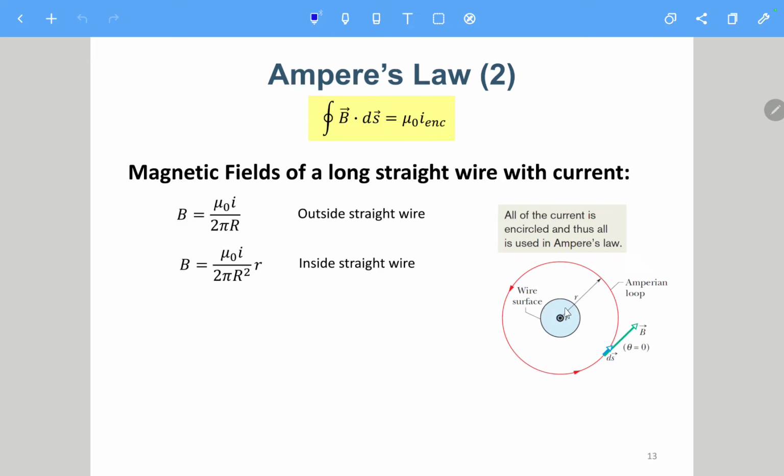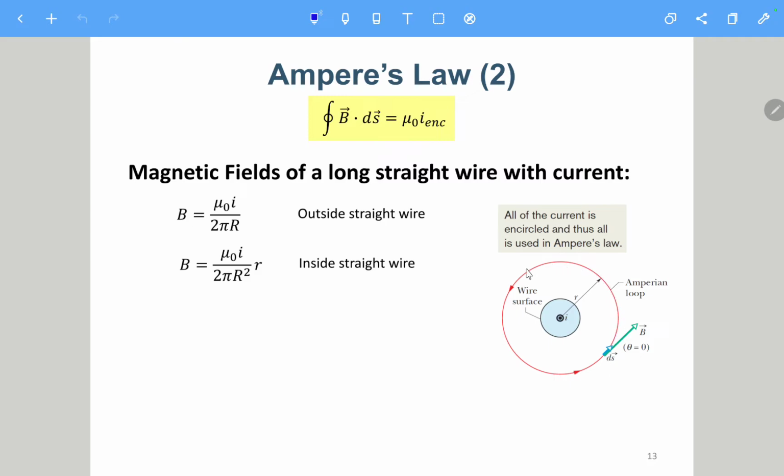Actually we assume the current is uniformly distributed over the wire, but we only draw one dot there for clarity. So we have the current going out of the page, and we try to find the B field outside the wire.